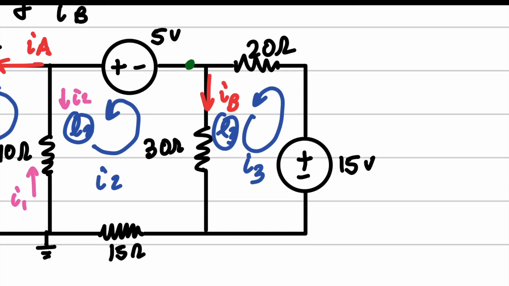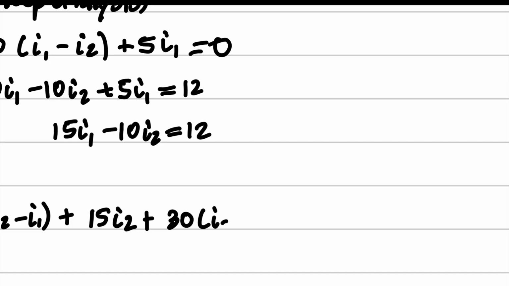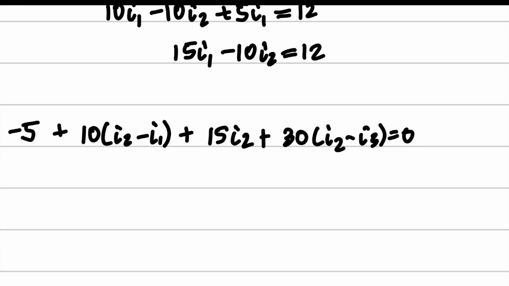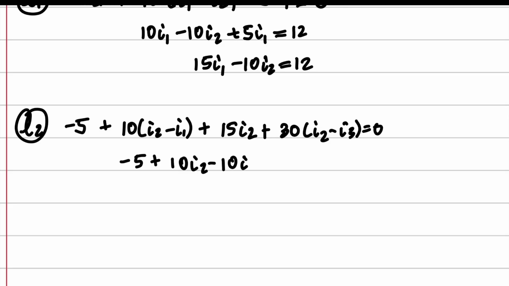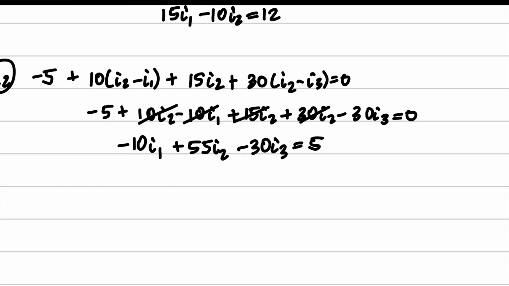And finally, we have the 30 ohm resistor with I2 in it and I3 in it. Okay, we're going to go ahead and simplify this down. And we get negative 10I1 plus 55I2 minus 30I3 equals 5.